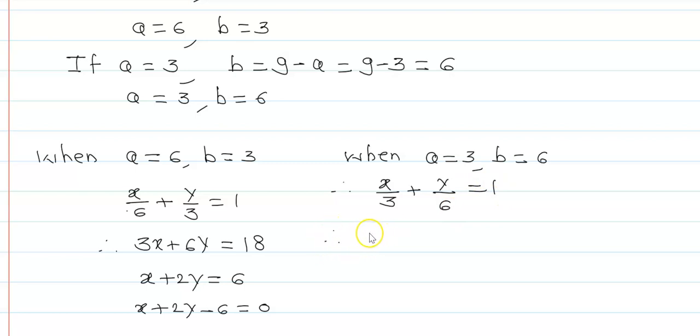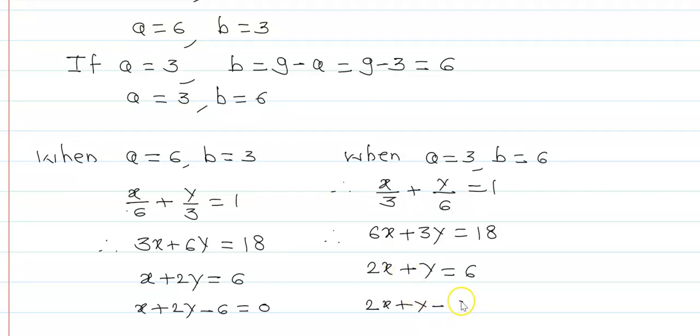Then by simplification, cross multiplication, 6x plus 3y is equals to 18, and again after simplification you will get 2x plus y is equals to 6, and hence the answer is 2x plus y minus 6 is equals to 0.